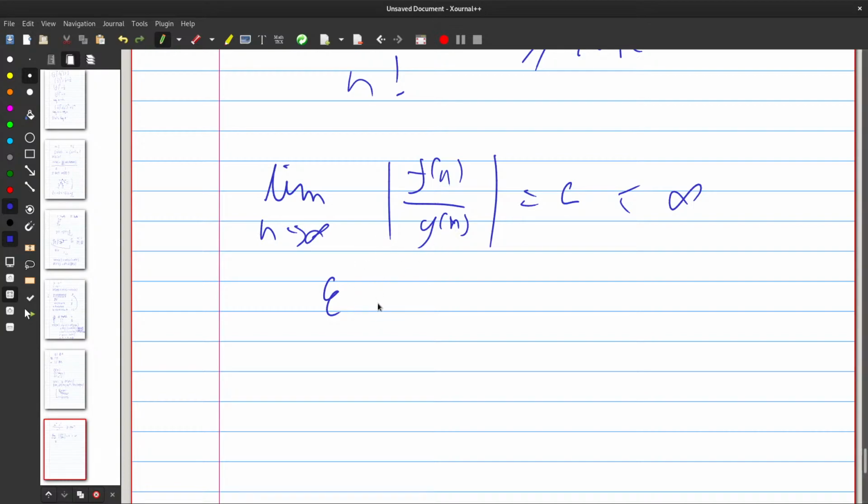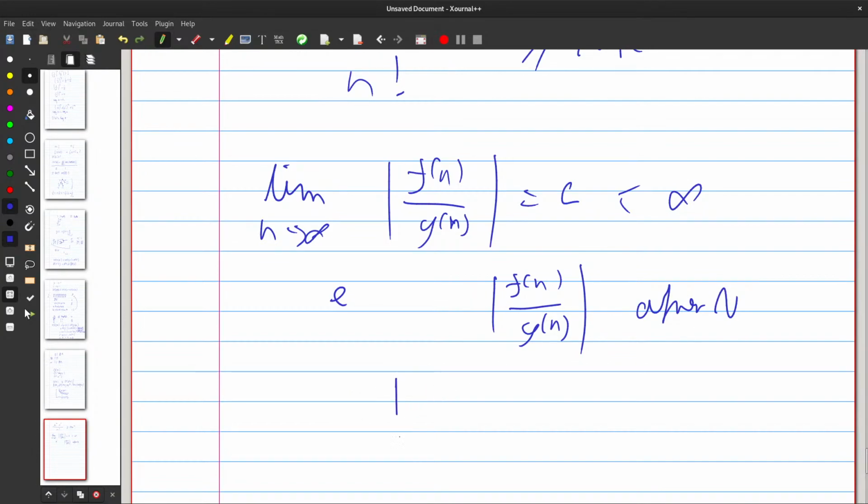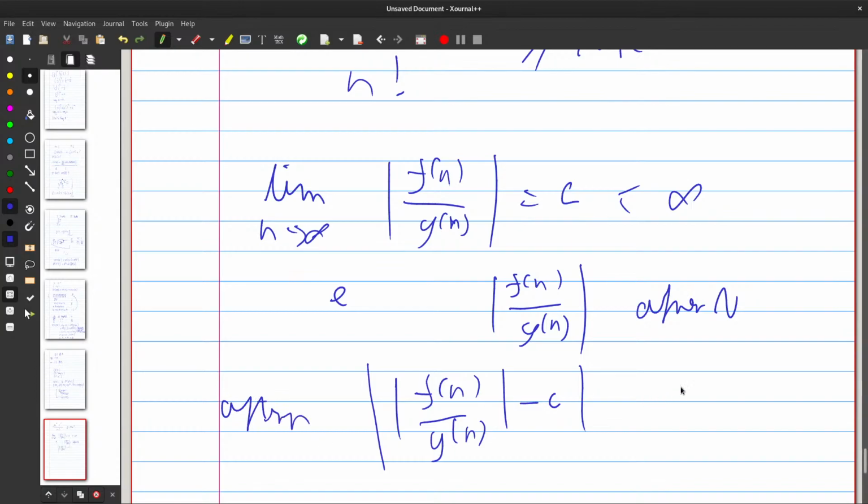Sorry. Give me some error bound e. And I want to show you that every single result of f of n over g of n after some n is within e of c. So I want to show you that everything after n is within e of c.